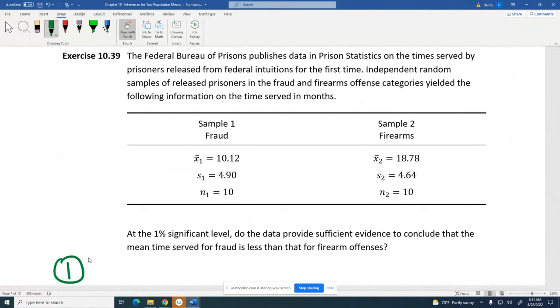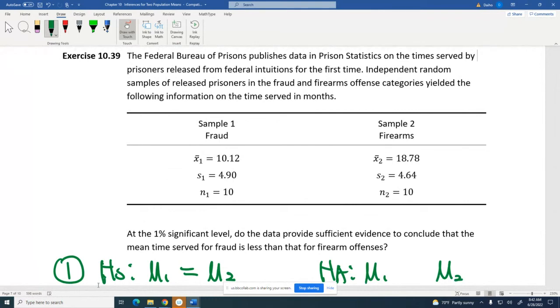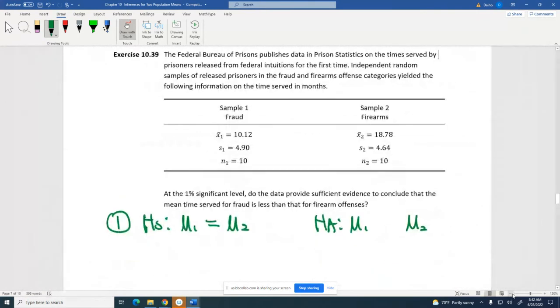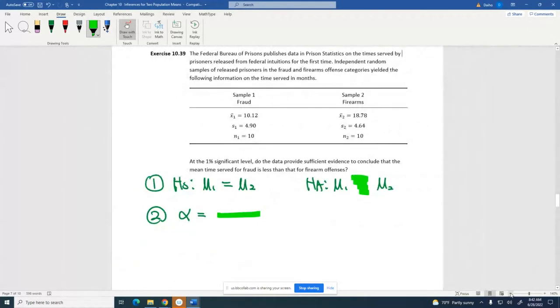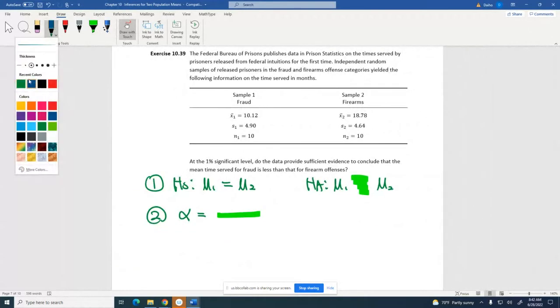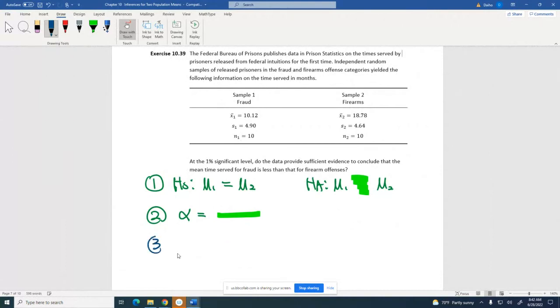I told you always, step number 1, the null hypothesis, always mu1 is equal to mu2. And the alternative hypothesis, we had 3 choices. Step 2, you can look for the alpha. And you have to try by yourself to get the test statistic.